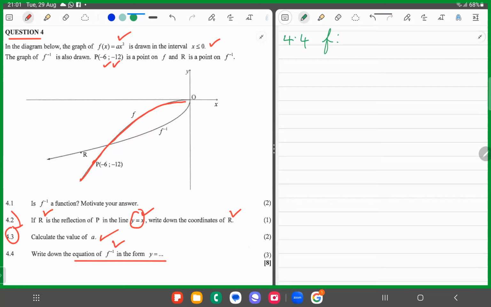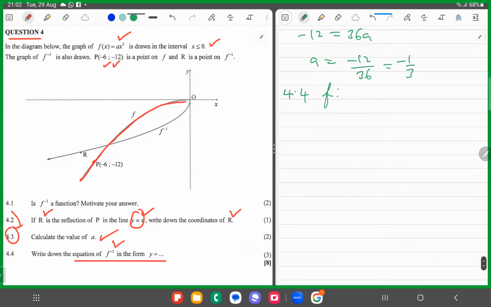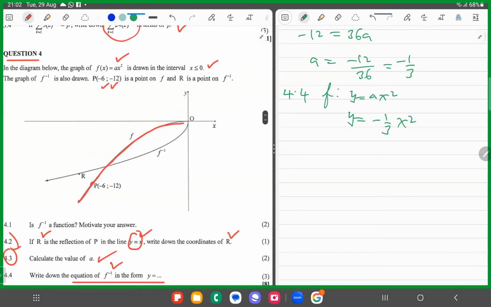The graph of f, we've already found a, and the graph of f is y equals ax squared. So a is -1/3, y equals -1/3 x squared. Now, what is the inverse? Right, so the inverse is this one here.